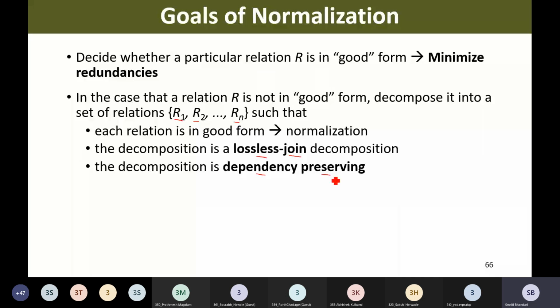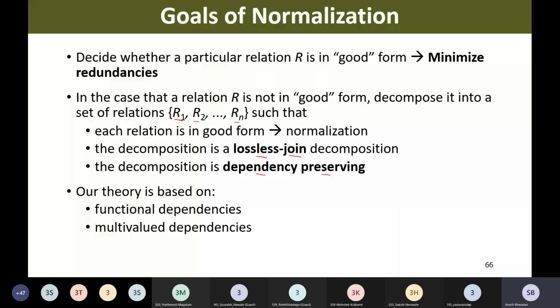As I stated, for normalization other than 1NF, we are making use of functional dependencies to check whether our relation is normalized. 1NF does not require functional dependencies, but after 1NF, whichever normal forms we have discussed, those make use of the concept of functional dependencies to check whether our relation is in normal form.